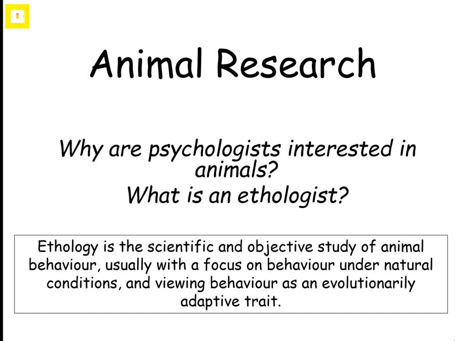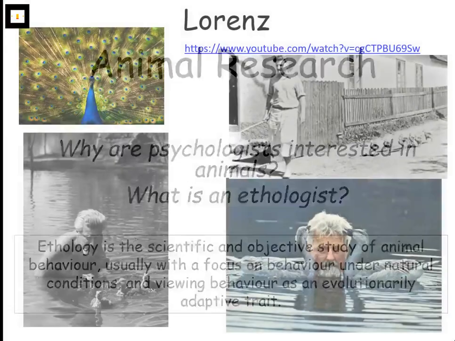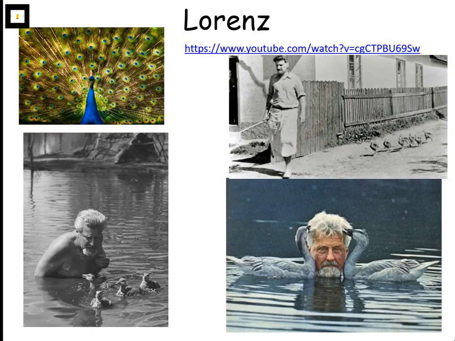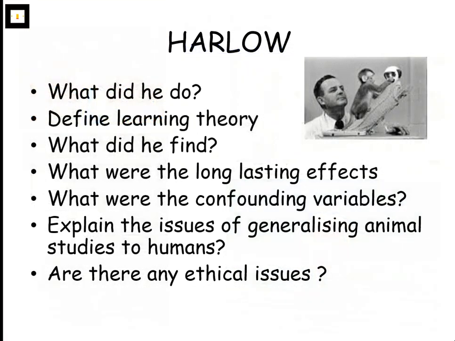So adaptive in evolutionary terms means useful, and we're going to be exploring evolutionary theory through this unit. So have a look at the research by Konrad Lorenz, and here he is, and you can probably get an idea about what he did just from looking at this. Have a look at that, and it's on imprinting. So that's the first piece of research. You need to have a look at what he did and what he found.